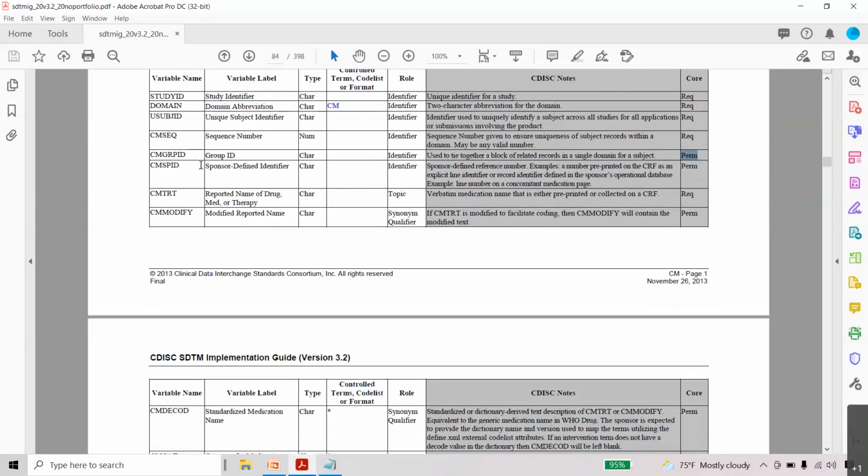Next, sponsor ID, usually called the CRF line number. If any information is captured on this CM sponsor ID, we will take it. Otherwise, it is not necessary to keep this variable in the SDTM CM dataset. This is also a permissible variable.